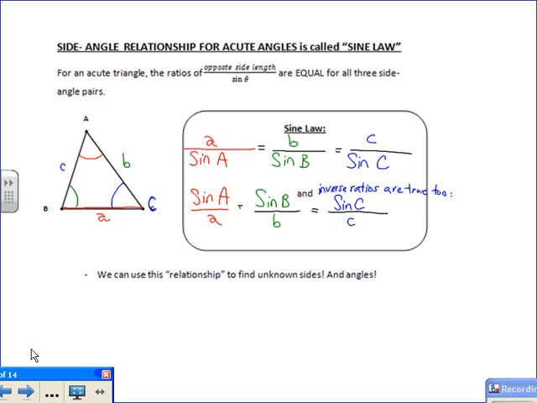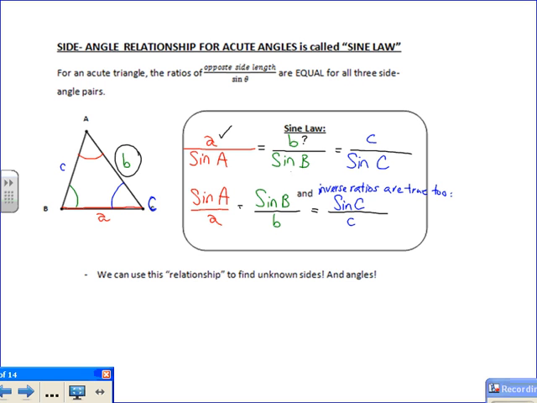Well, if we're looking at a triangle, we need to know at least 3 out of 4 pieces of information. For example, if we were looking for this side length B in this triangle, I need to know at least another side length.